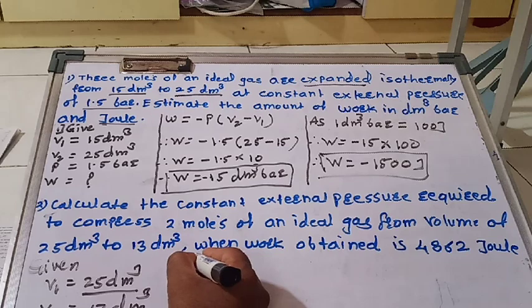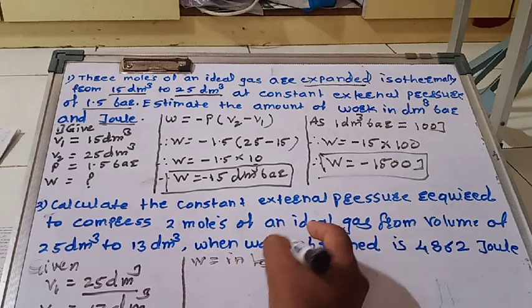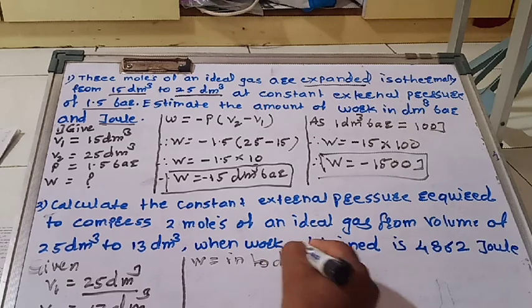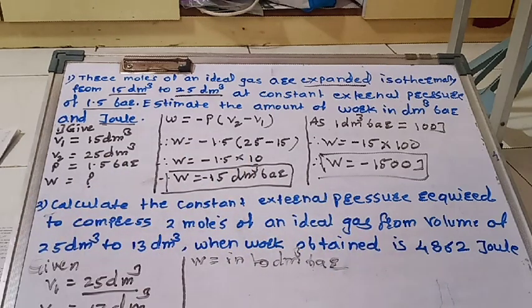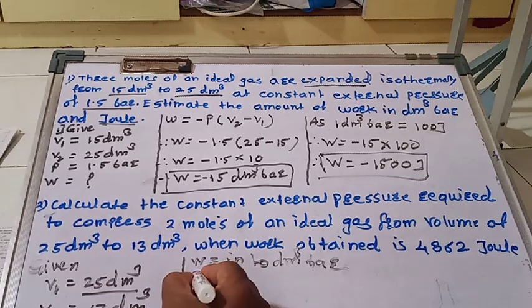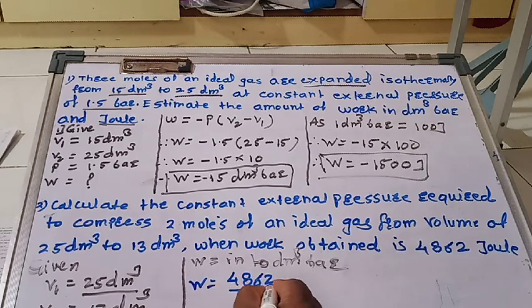So first convert this work into decimeter cube bar. So W is equal to 4862 upon 100.